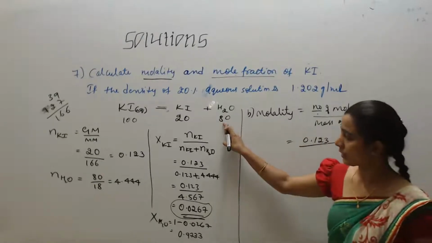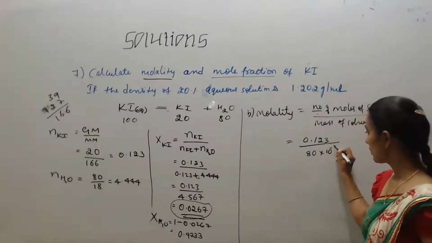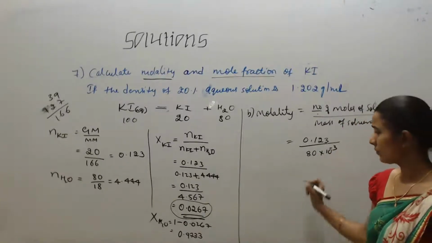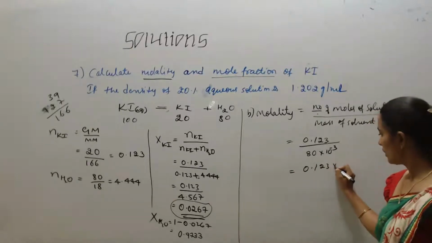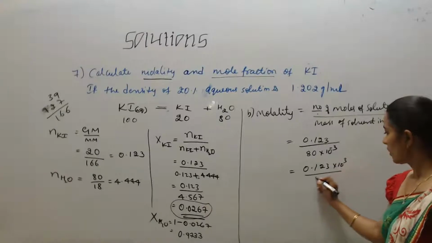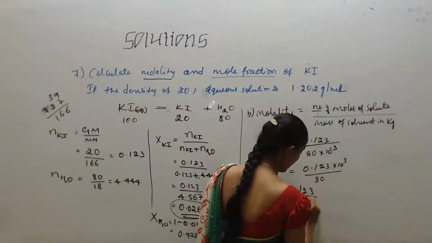Mass of solvent they given here what? 80. That is gram, means that is 10 raised to minus 3 kg. Okay. Then you will get 0.123 into 10 power 3 divided by 80. That is 123 by 80.